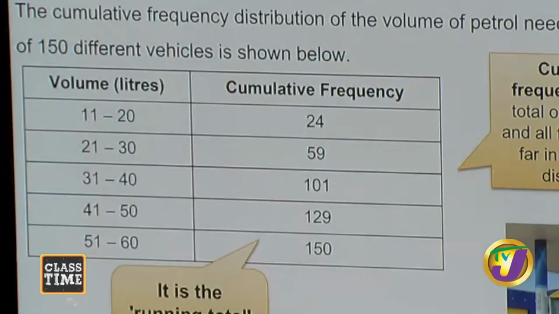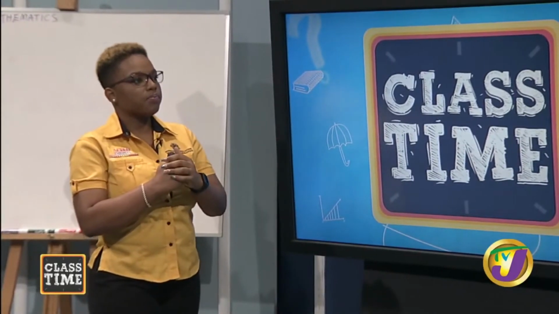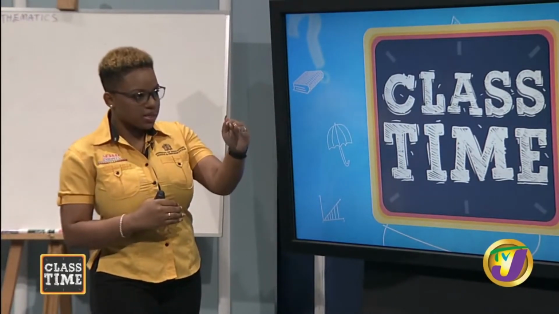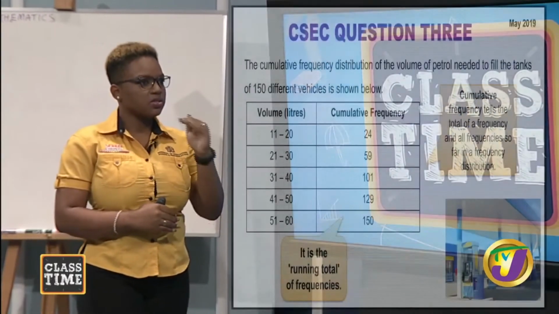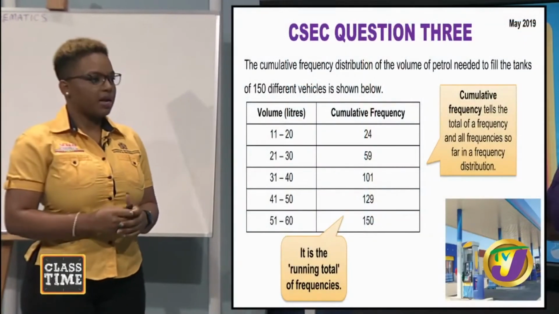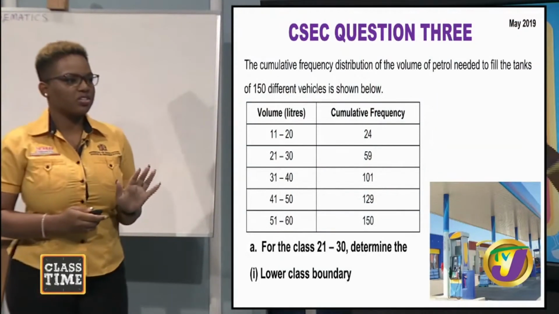I want us to understand that so far we have vehicles that require 40 or fewer liters of petrol, and that's 101 vehicles in all so far. Good. So let's see what the question actually asks.